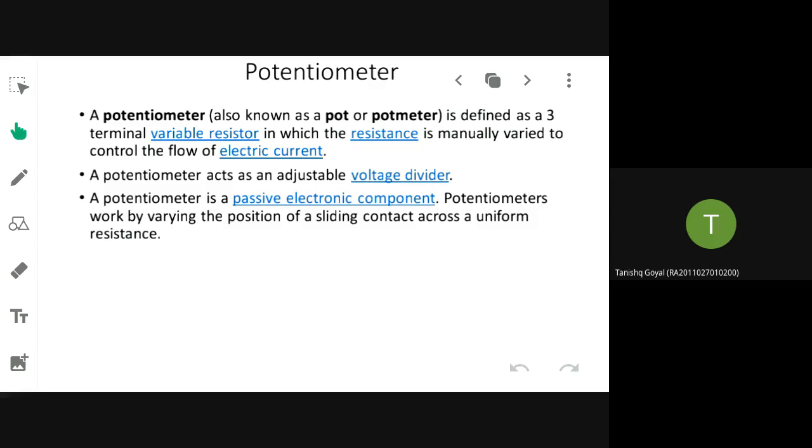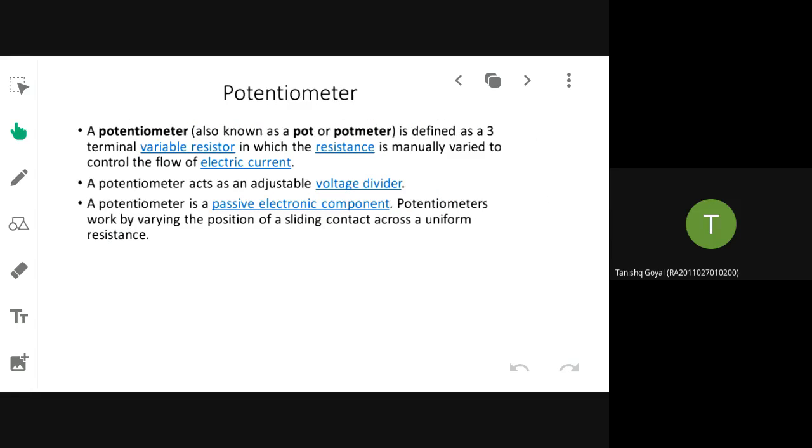Then comes your potentiometer. What do you know about potentiometer? I think almost all of you must have seen a potentiometer, how it looks. What in general is a potentiometer, a POT? Is it a resistive transducer or not?